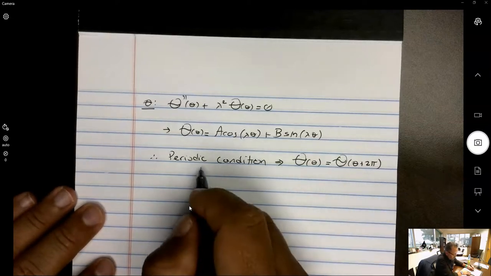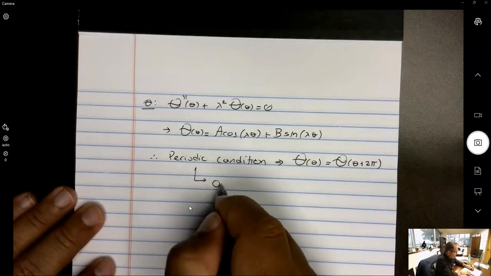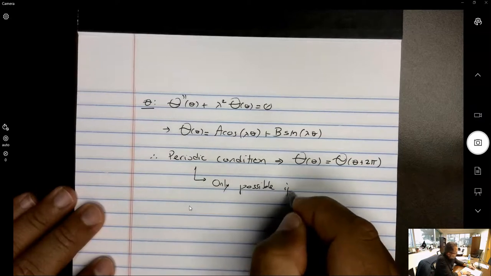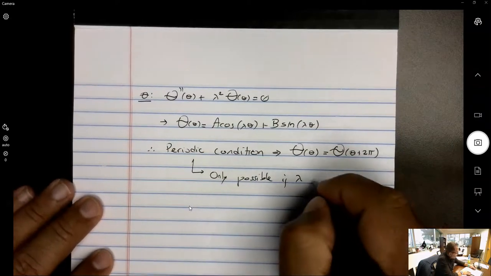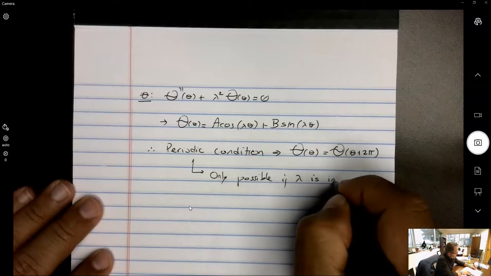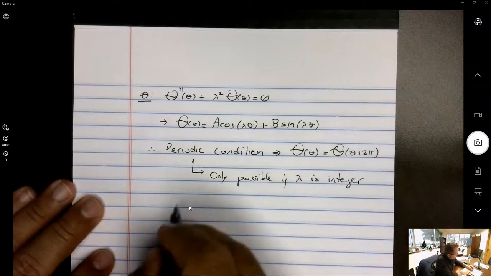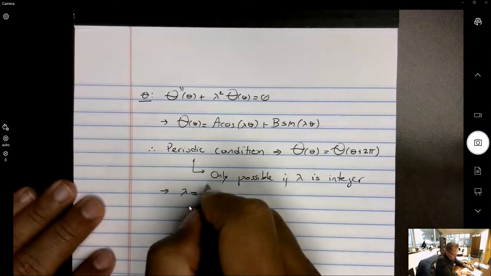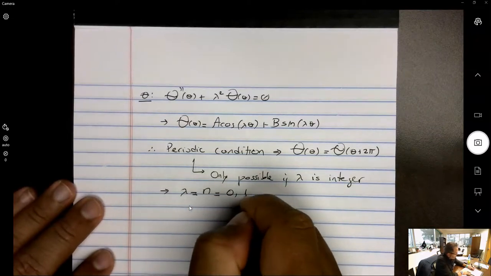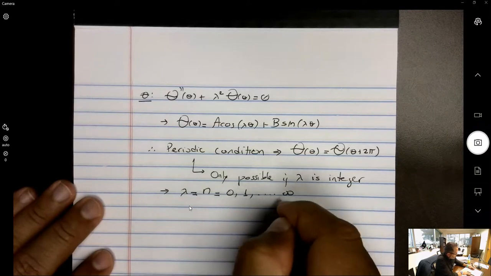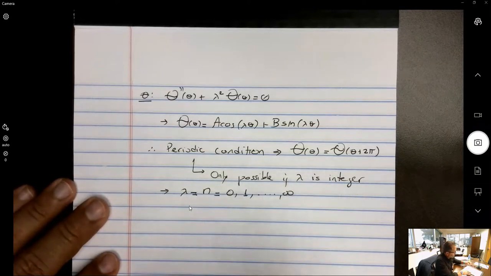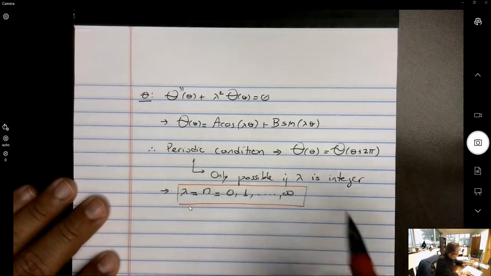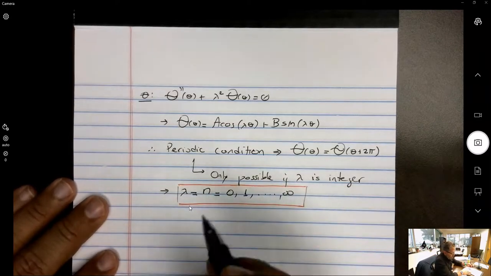So this would only be possible if lambda is an integer. So basically, lambda should be equal to n, which is 0, 1, all the way to infinity. So all the positive integer numbers, and these are the eigenvalues. The eigenvalues are not the roots of any implicit equation.